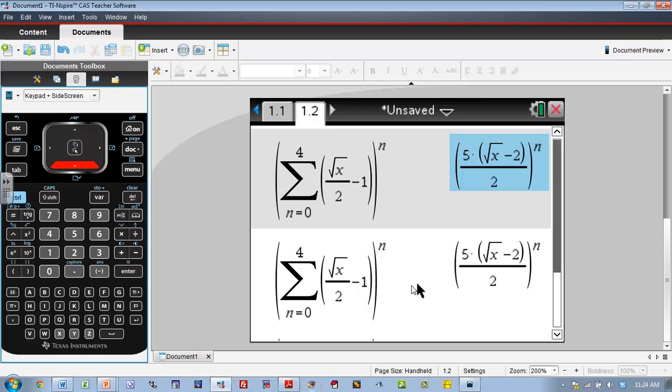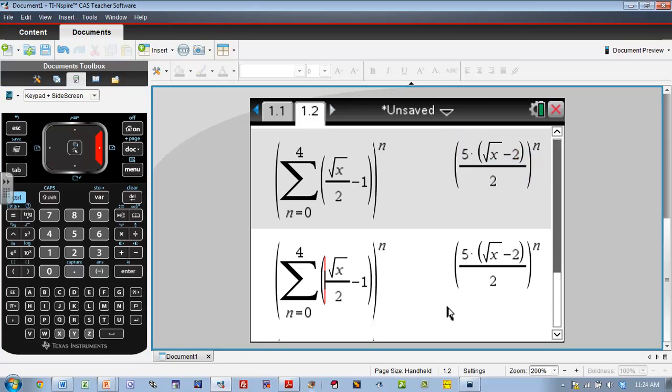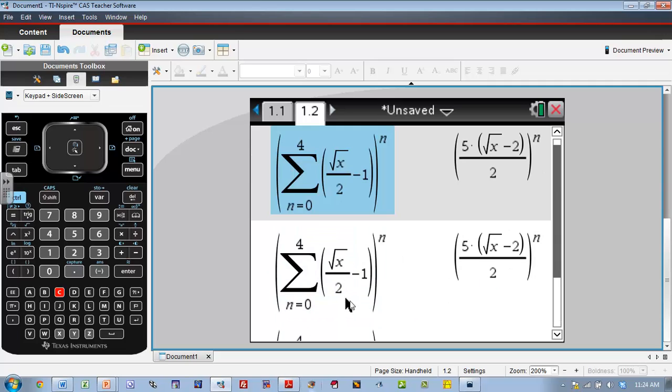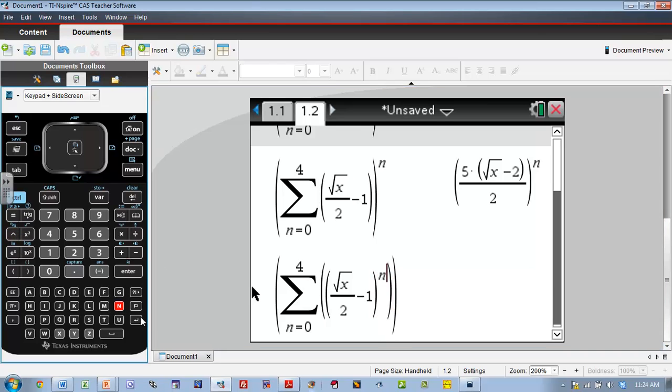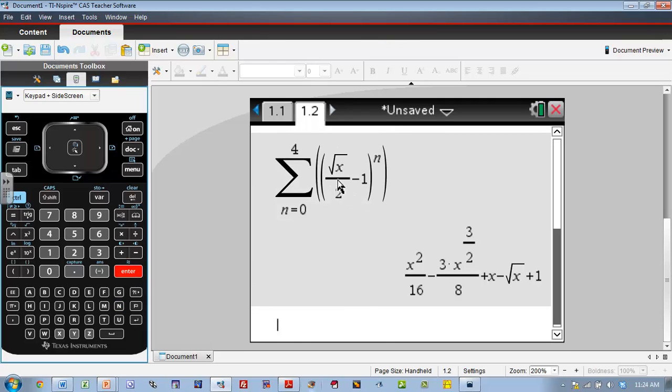No, that did not do what I needed to do. Alright, this may not work at all. And I'll put to the nth power right there. Okay, there we go. So here is this expression to the nth power, and that is the cleaned up version of that.